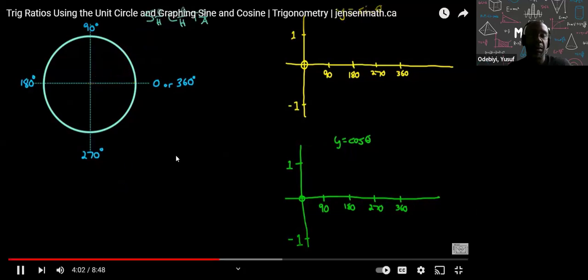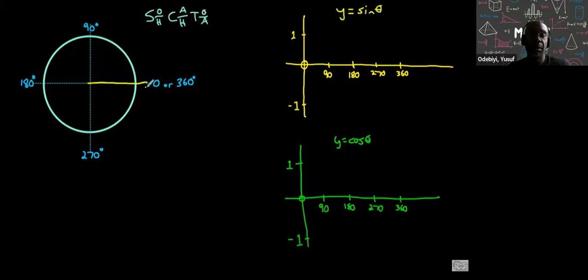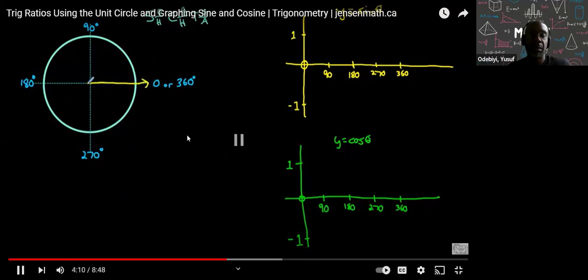We are going to start along the initial arm on the positive x-axis. As we go around this unit circle, it's going to be related to our periodic functions, where y is equal to sine theta and y is equal to cos theta. We're going to look at y equals sine theta first.